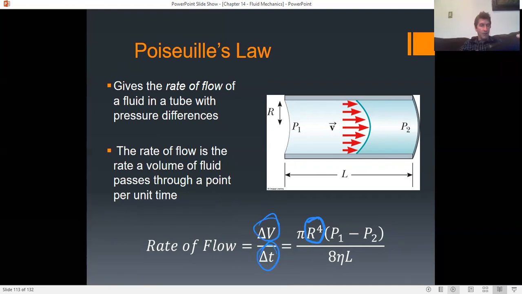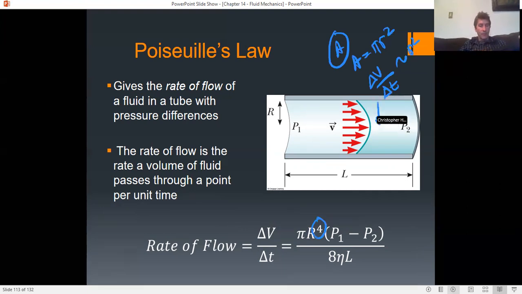Okay, so you can see here, obviously, if it were a superfluid, we would expect, since the cross-sectional area goes by pi r squared, we would imagine that the amount of volume that flows per time should be proportional to r squared. Okay, but actually it becomes proportional to r to the fourth, because as we move further and further from the wall, you get more and more velocity at the center of the tube.